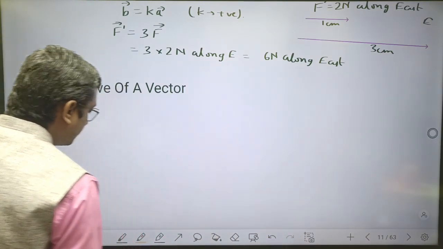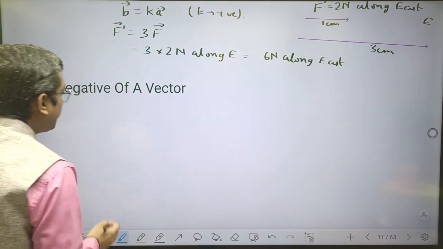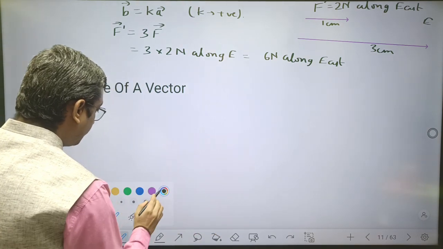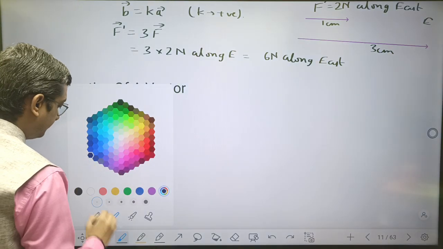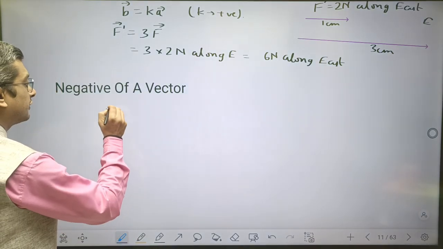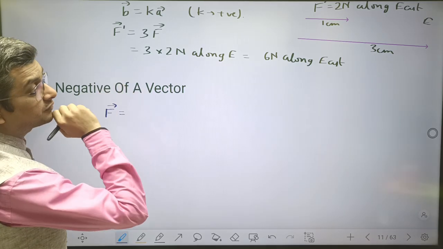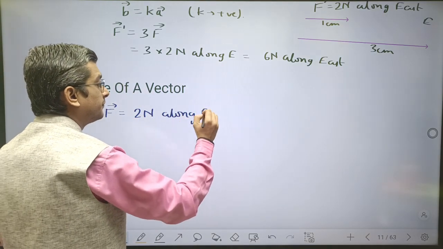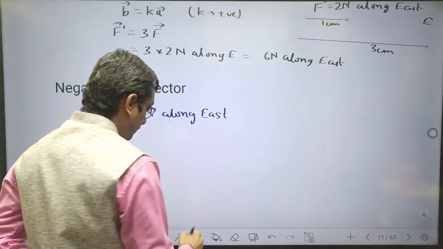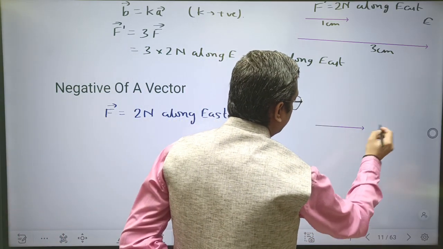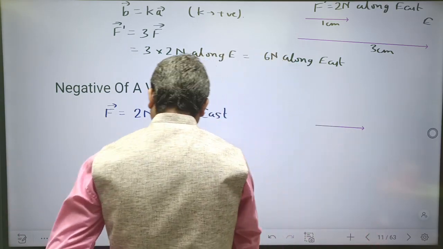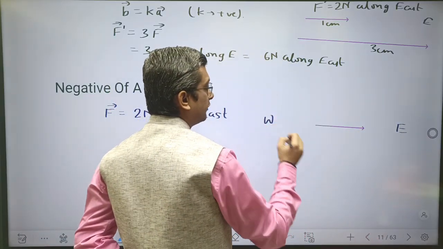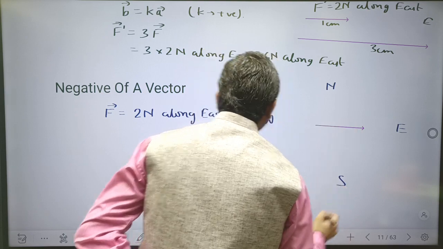Second concept, dear students: using the same example, suppose the F vector is 2 Newton along east. This is the F vector, 2 Newton along east. This direction is east, remember this is the India map, this is north, and this is south.